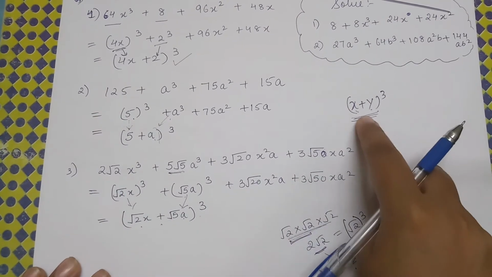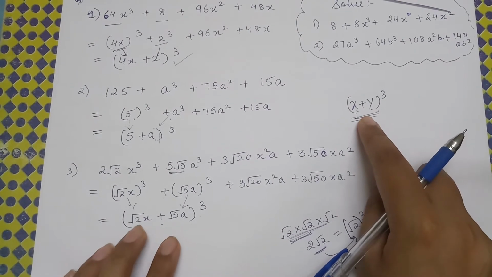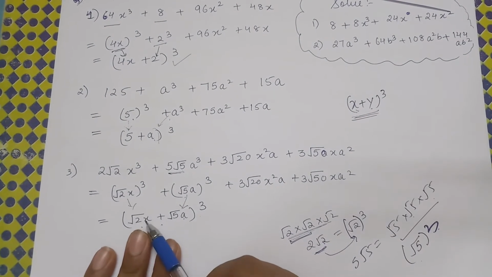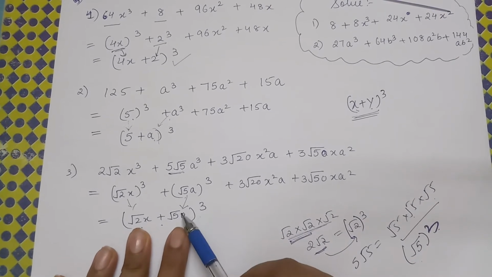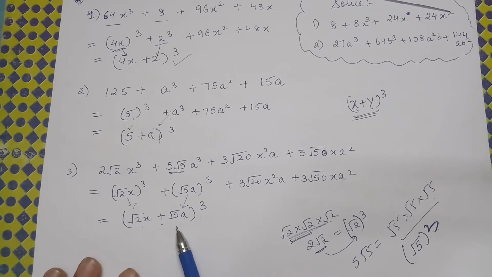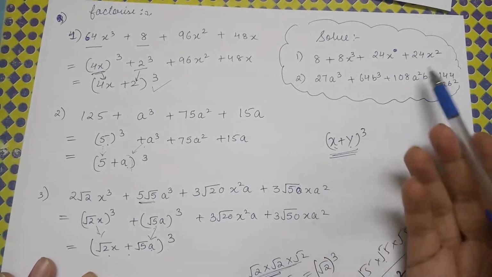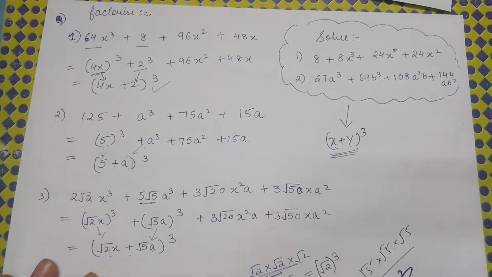All the signs are positive, so we will get the positive identity (x + y) cube. In place of x we have √2 x and in place of y we have √5 a, whole cube, as all the signs are positive. You have to factorize it using this identity.